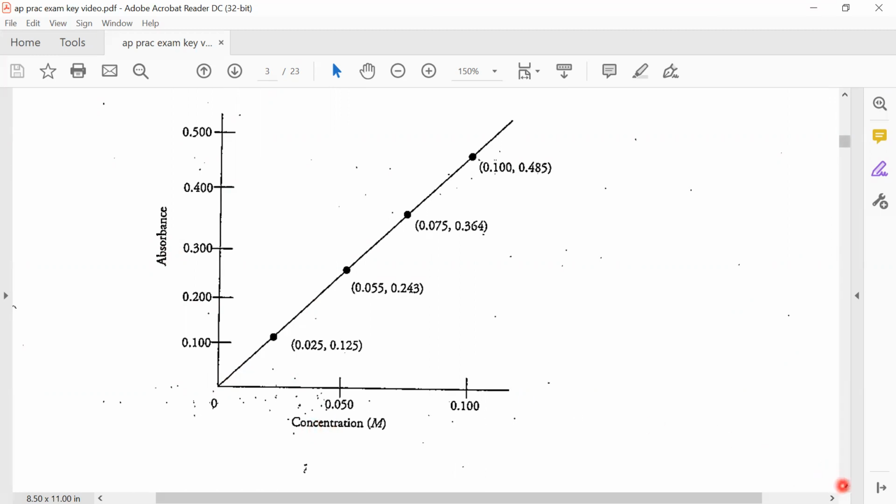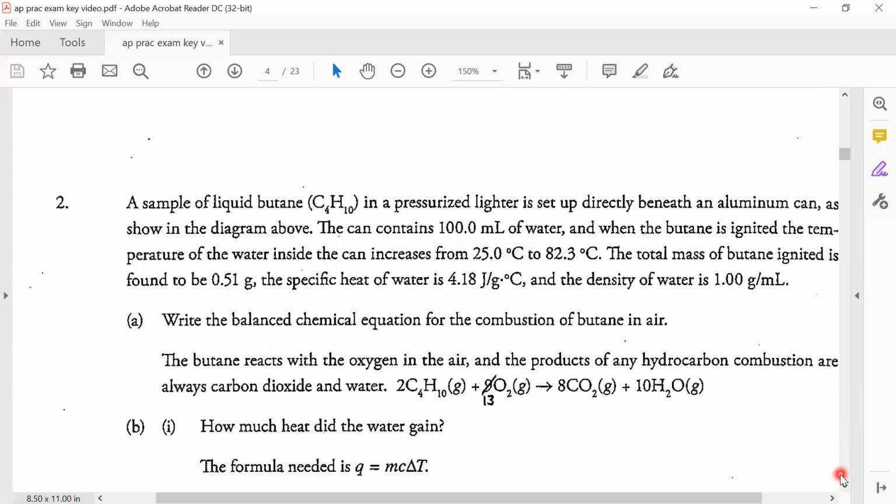For one of the data points, you could just figure out on the graph where your concentration is and move up toward the absorbance. But another one is like 0.18 molar, it's way up here, so you wouldn't be able to do that. So we'll show you how to do that with a calculation right here.